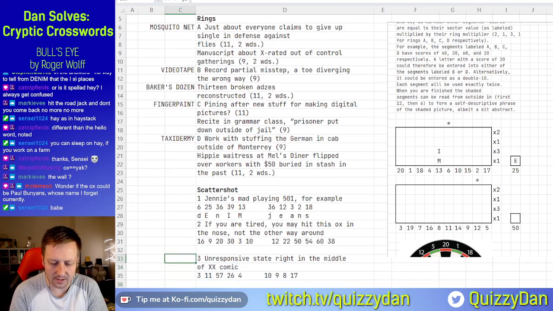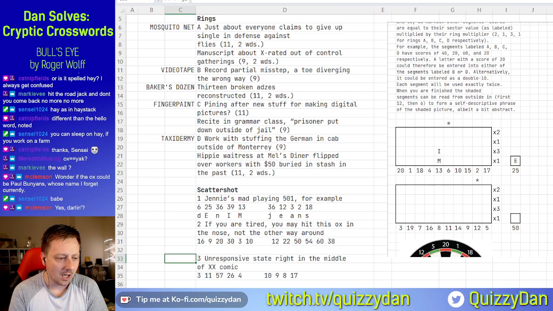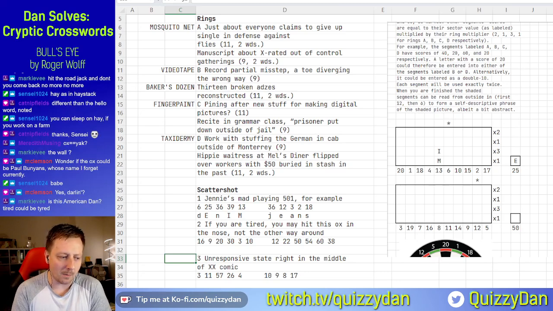Okay. Unresponsive state right in the middle of XX comic. And I was just looking at the paper copy. It does say XX comic. So something coma. Deep coma, sleep coma, something coma.